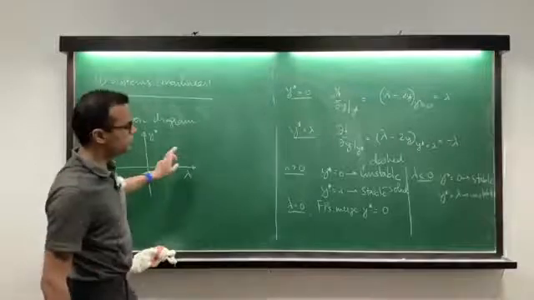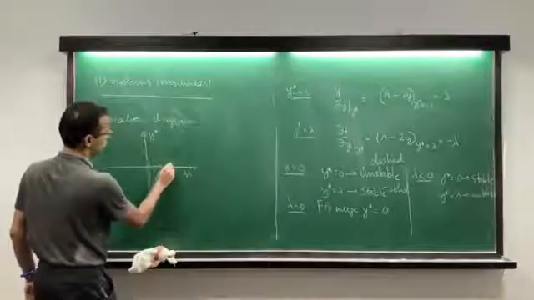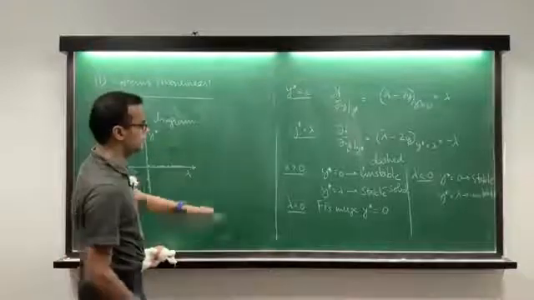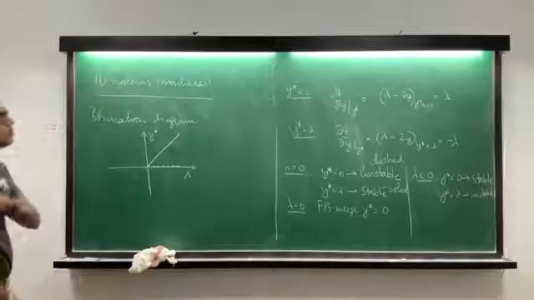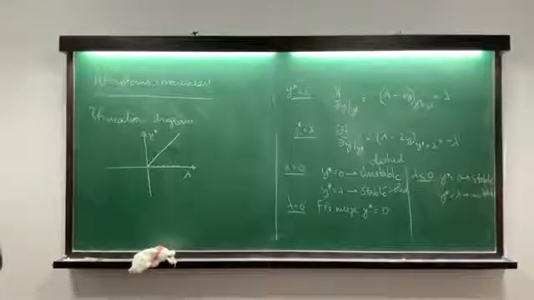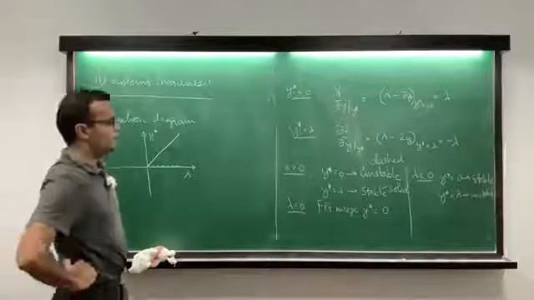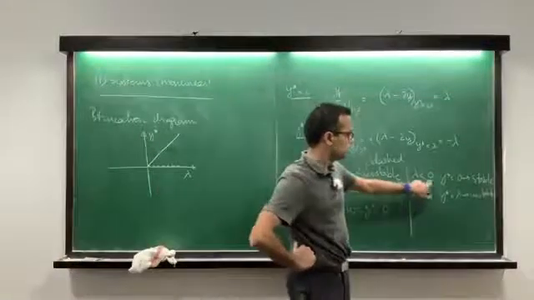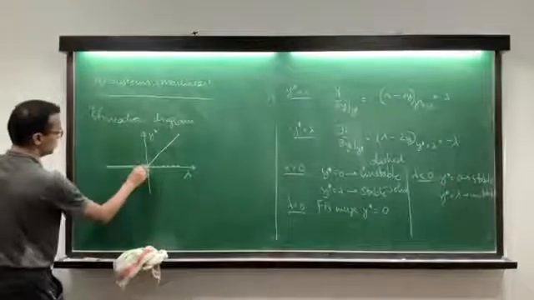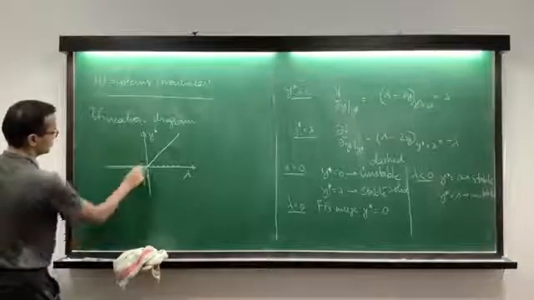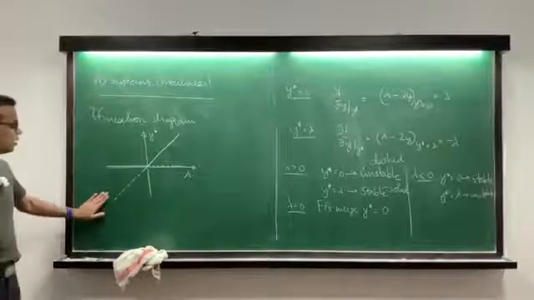When lambda positive, y star equals 0 is unstable. So, y star equals 0 is this, it is unstable. When lambda positive, y star equals lambda is stable. So, that looks like this. Okay. When lambda negative, y star equals 0 now becomes stable, and this becomes unstable.